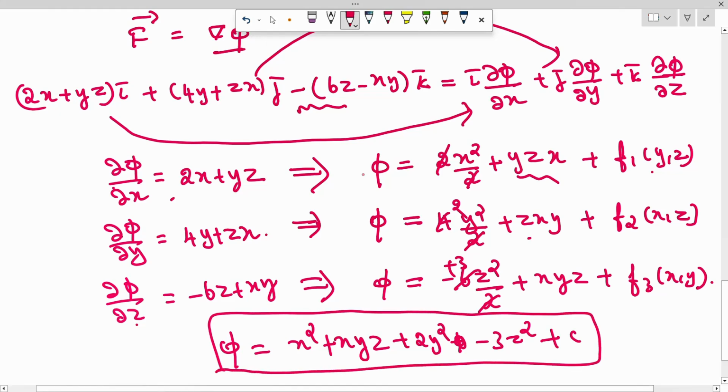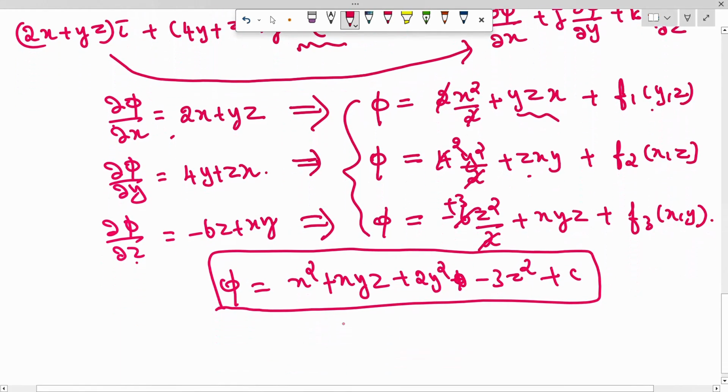From these three equations we have to write the final scalar potential phi, okay, which is the required answer. Okay, next problem.